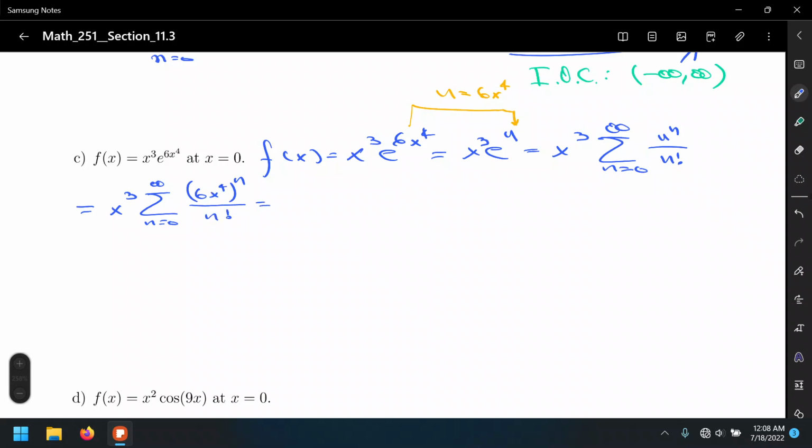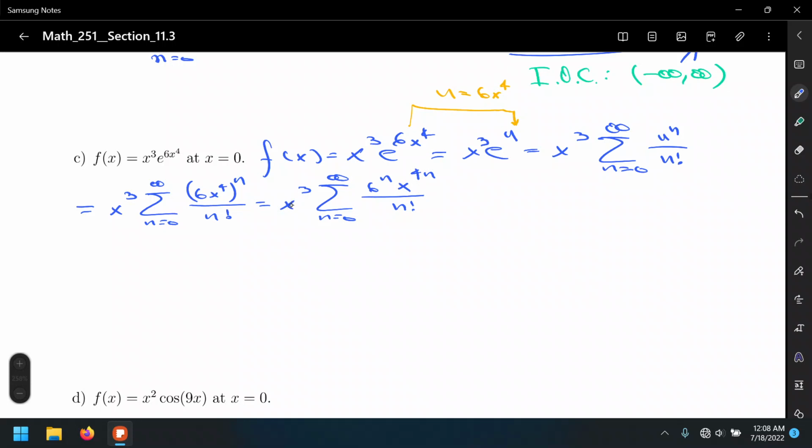I'm going to simplify this first: x cubed times the sum from n equals 0 to infinity of 6 to the n x to the 4n over n factorial, and then I'm going to introduce this x cubed into the summation expression.